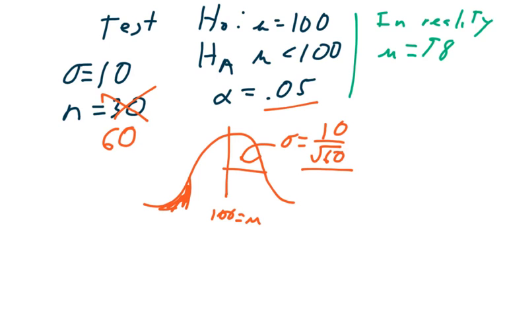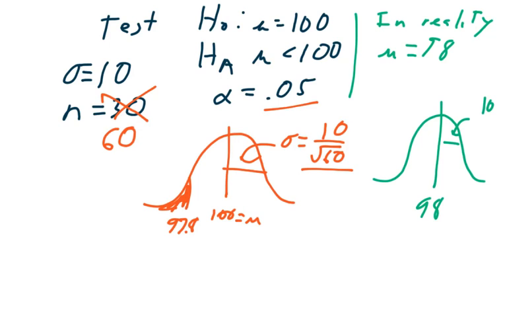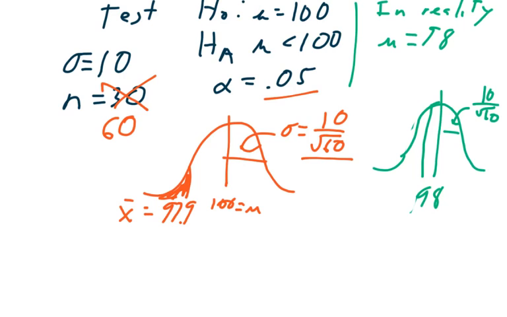And once again, remember we're using 0.05 again, which means that this is 97.9. And the second one, this is 98, 10 over the square root of 60. X bar equals 97.9 right here.